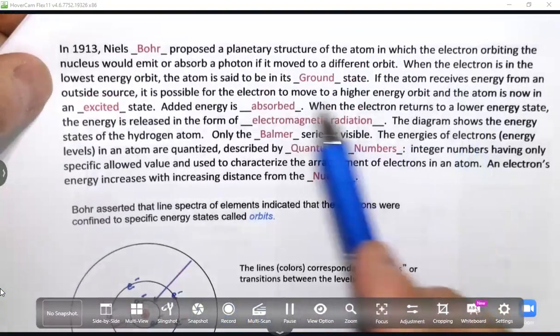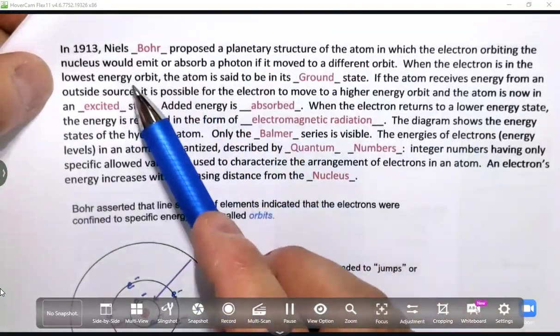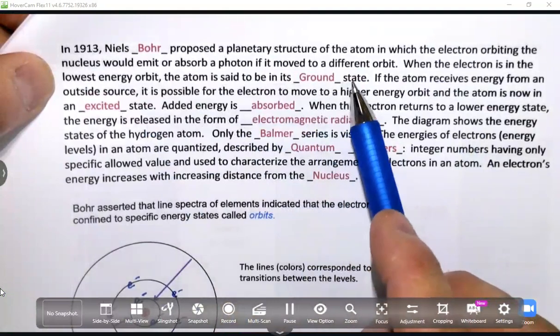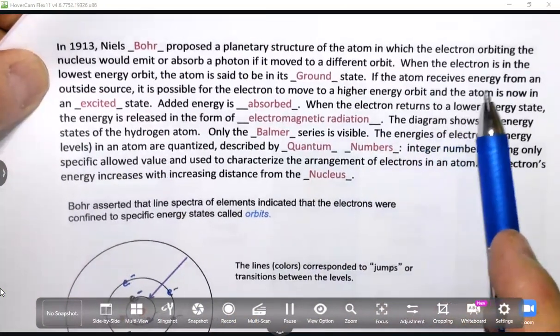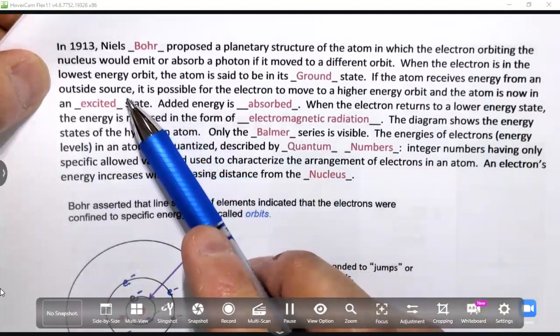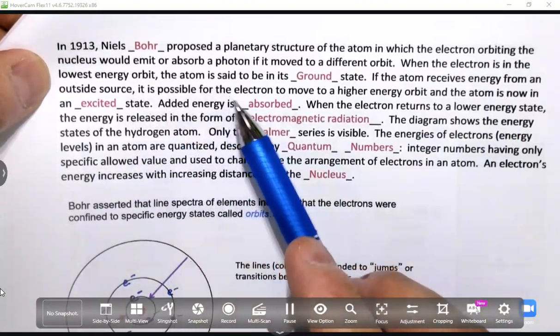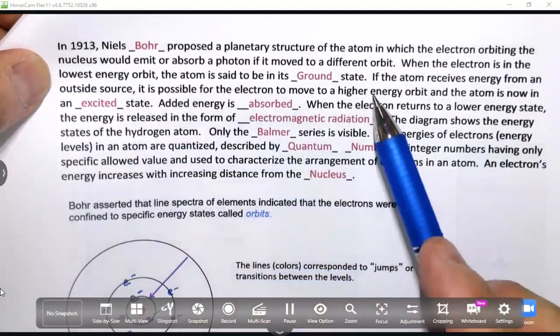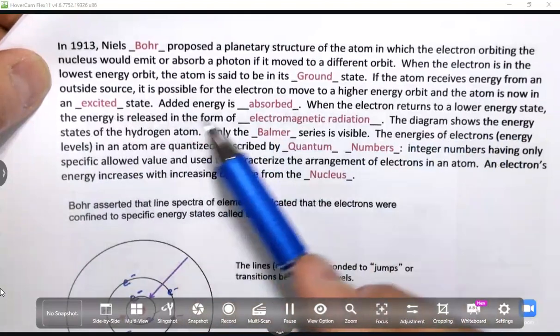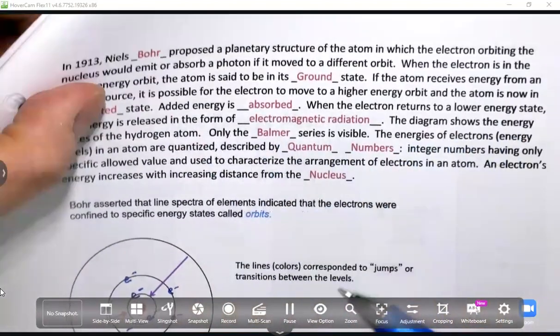When an electron is in the lowest energy orbit, the atom is said to be in the ground state. If the atom receives energy from an outside source in the form of electricity, heat, or light, it is possible for the electron to move to a higher energy orbit, and the atom is now in an excited state. Added energy is absorbed.